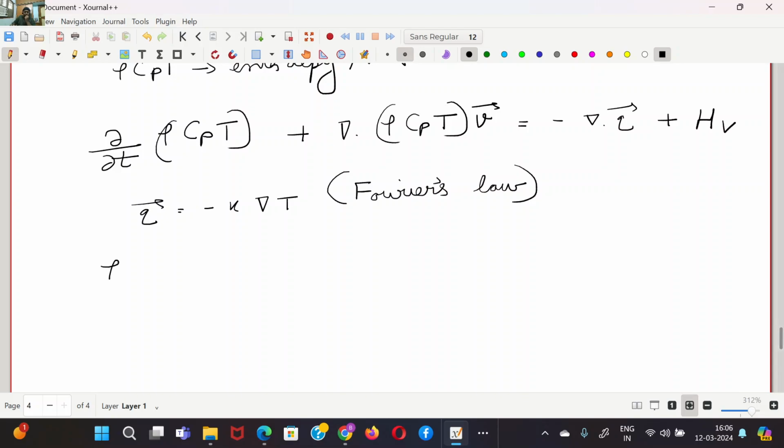So rho and Cp are constants, right? We already made that assumption earlier. So it's rho Cp dT by dt, rho Cp will come out here also, del dot Tv, and q we just defined as minus k del T. So minus del dot q is equal to k del square T plus H.